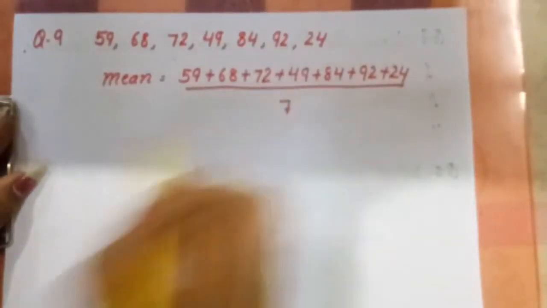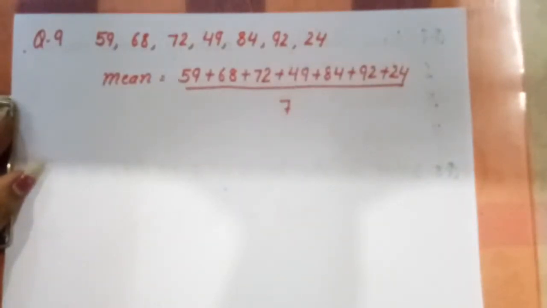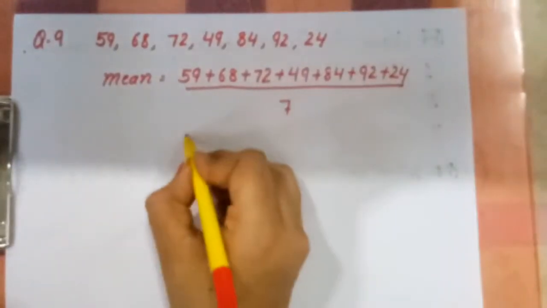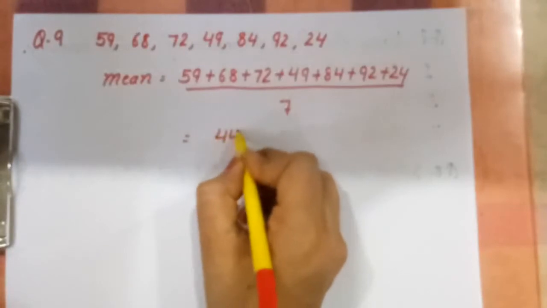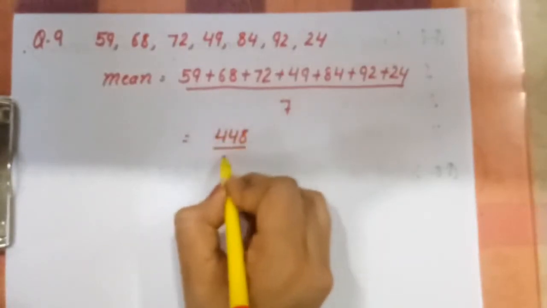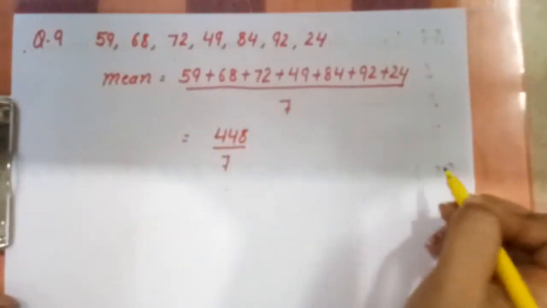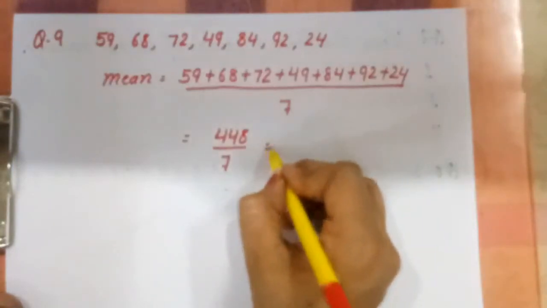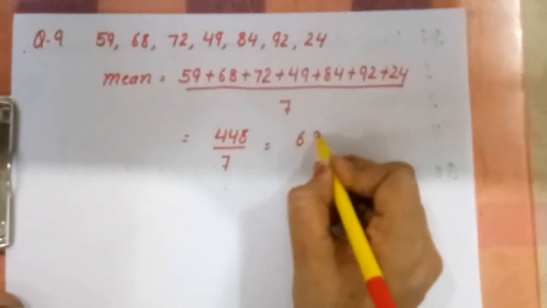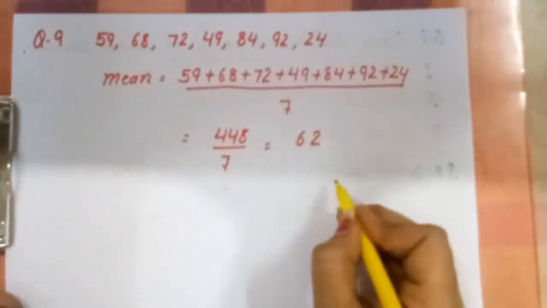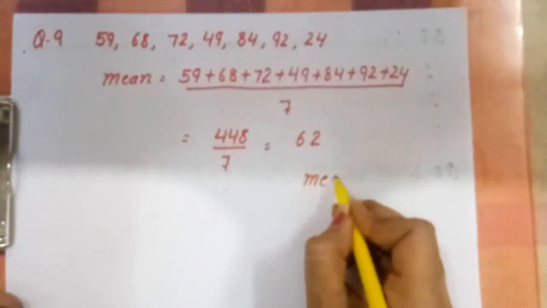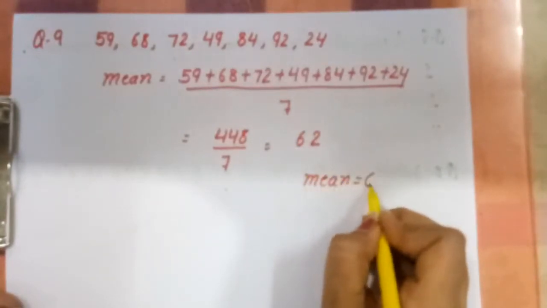The total is equal to 448 divided by 7. Now we have to divide 448 by 7. You will get 62. So the mean marks of 7 students is equal to 62.